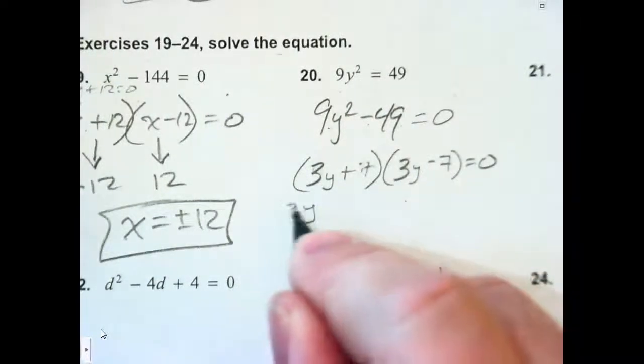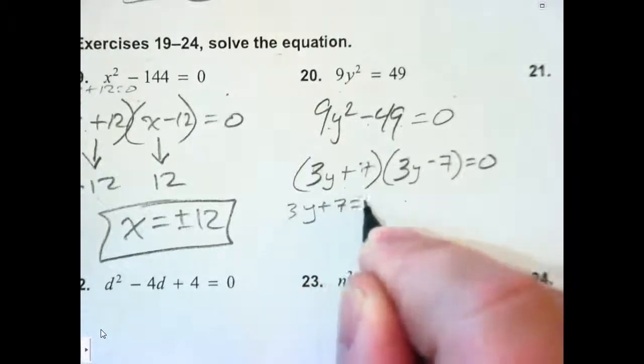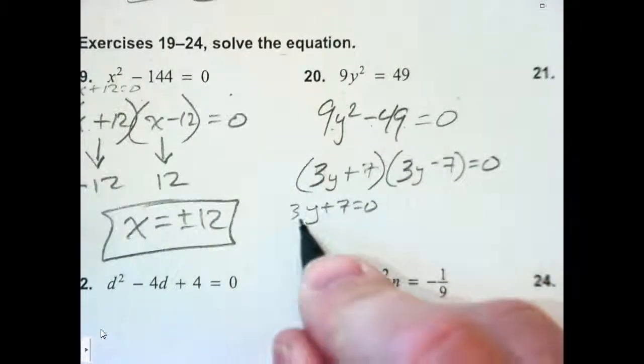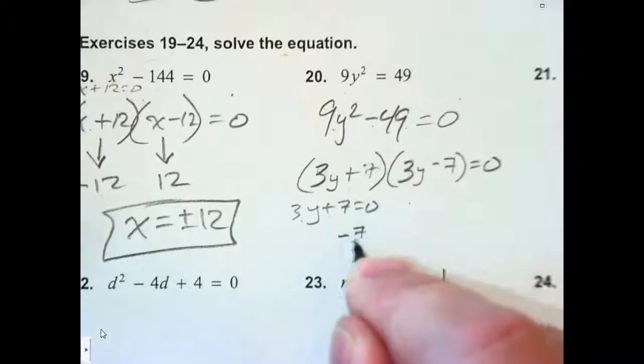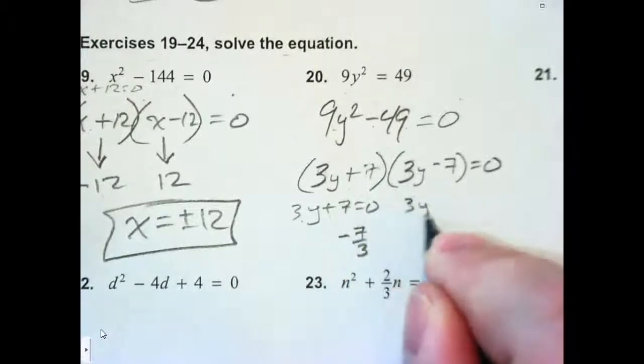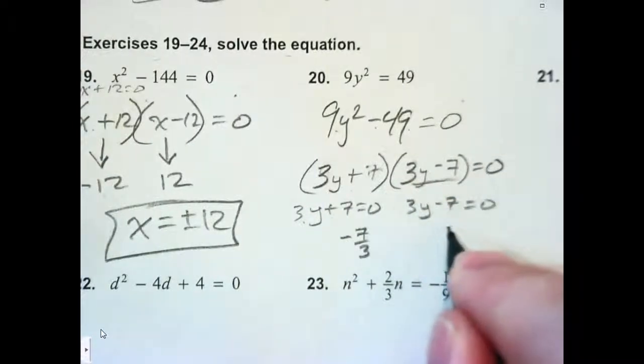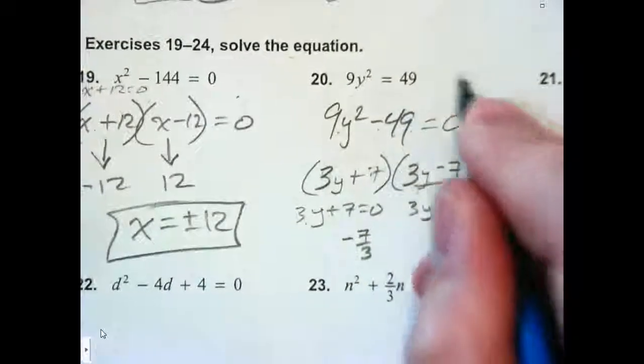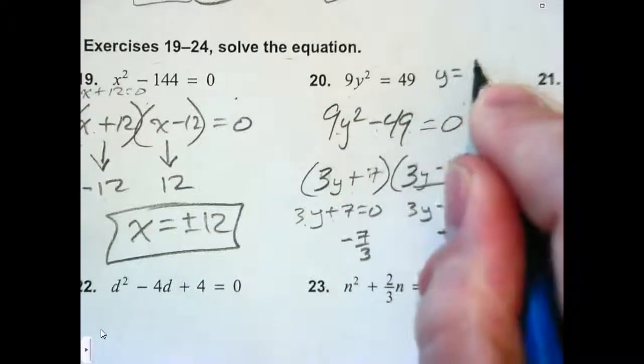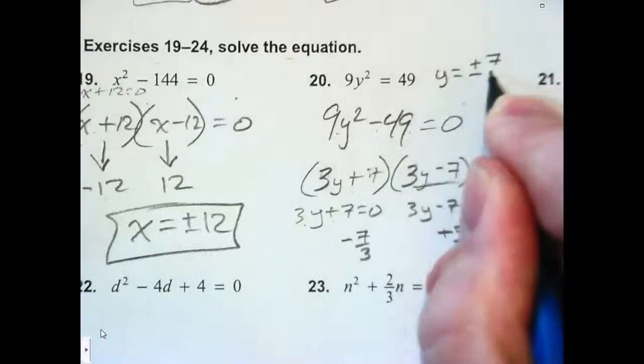If 3y plus 7 equals 0, 2 steps, subtract 7, divide by 3, that is my answer. And if 3y minus 7 equals 0, add 7, divide by 3 are my 2 steps. So my answer is y equals plus minus 7/3.